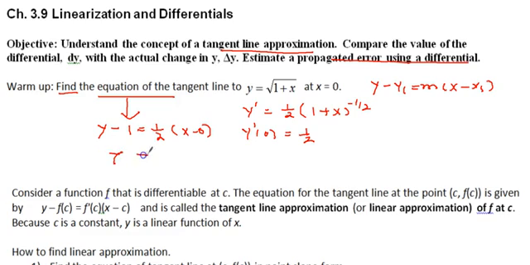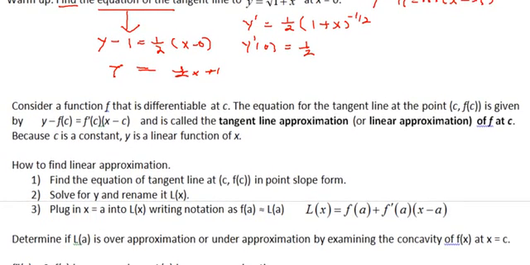So I can write this equation as y is equal to, an easy way to write it, 1/2 x plus 1. This is my equation of tangent line.